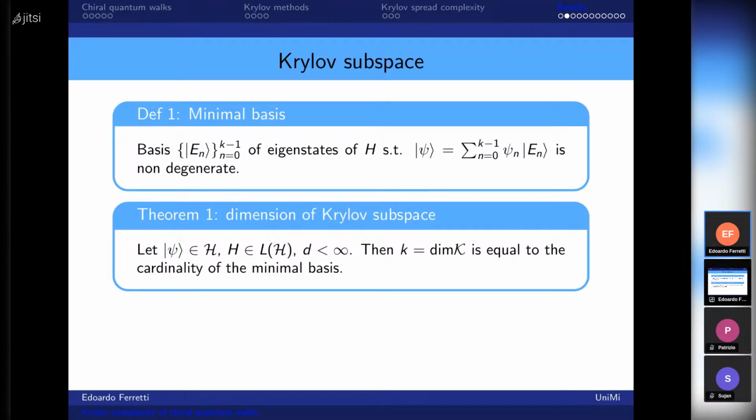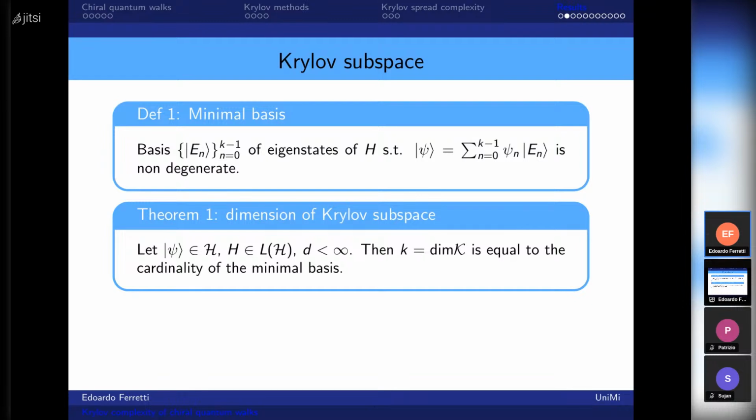And what I found is a criterion that tells you that the dimension of the Krylov subspace is equal to the number of degenerate eigenspaces of the Hamiltonian in which psi 0 can be embedded, which in turn turns out to be the cardinality of the minimal basis.